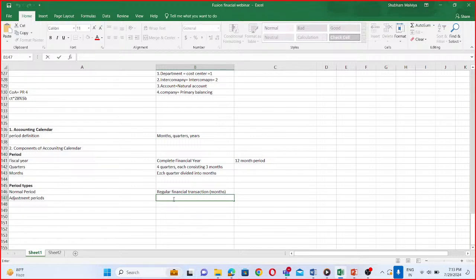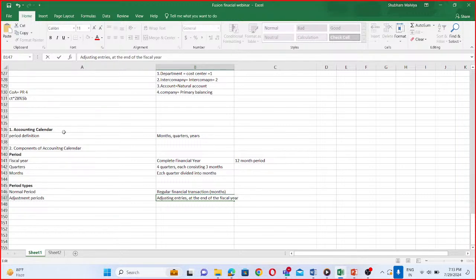So this is for adjusting entries, that too at the end of the fiscal year.